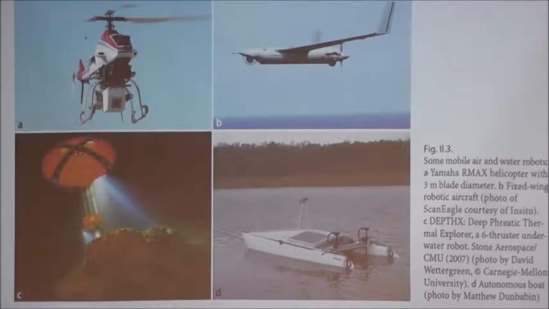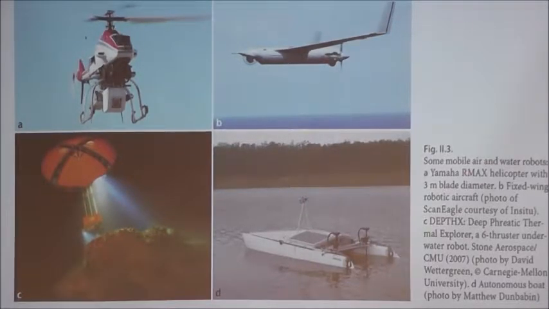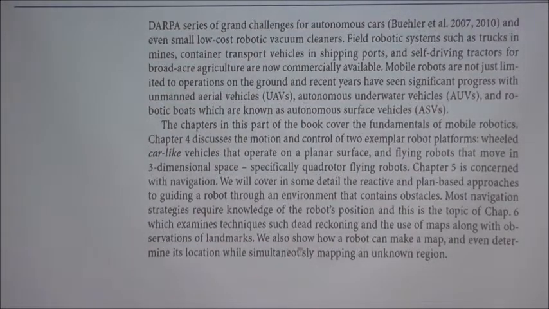Underwater robots and air robots are much more difficult to model and to control compared to land rovers, as you will see. And this boat is an autonomous boat. As you can see, it has GPS and other sensors.